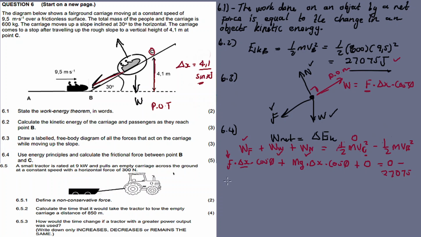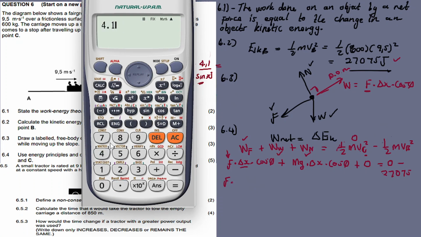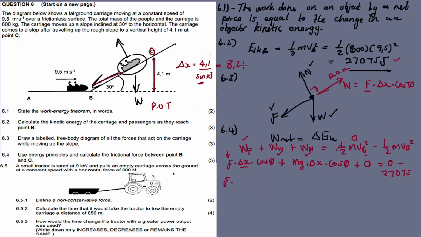Now this is what we are supposed to substitute. Then we substitute F delta x or 4,1 over sine 30 degrees. Okay, how about we use the calculator to get the value: 4,1 divided by sine 30 degrees equals 8,2 meters.